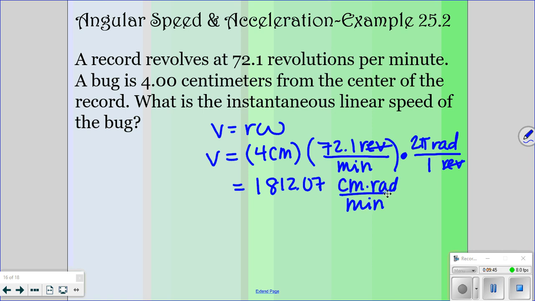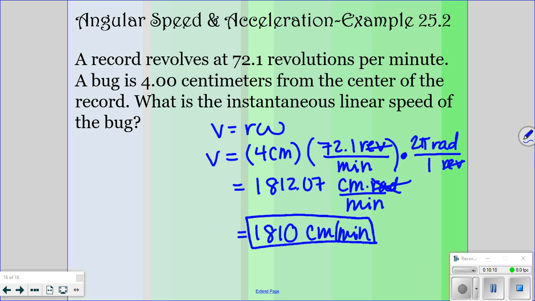And radians, we don't want it when we're talking about velocity, and that's where we can just mark it out. If you don't want it, then just mark it out, make it go away. So now we need to write our answer. And we have 3 sig figs, so 1810 centimeters per minute. And so that would be your answer for that one.